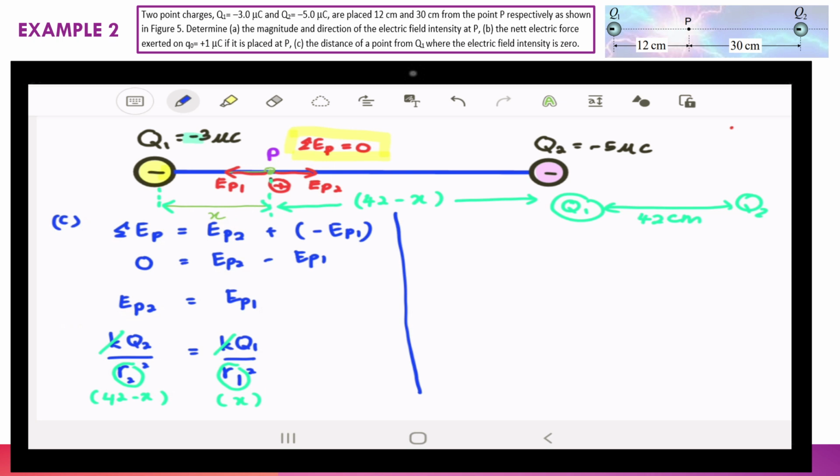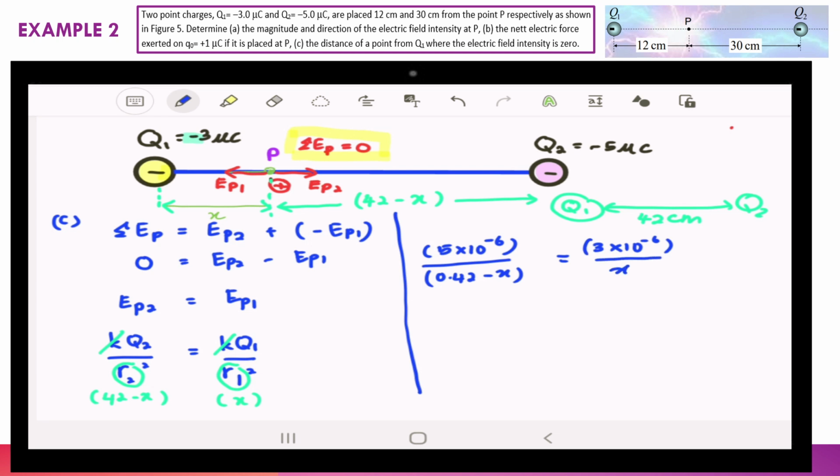Make sure you ignore the negative sign. So 5 exponent negative 6 over 42 minus X. It's in centimeter, 42 centimeter, so make sure you change it to meter. So it should be 0.42 minus X, and it's equal to, Q1 is 3 microcoulomb.